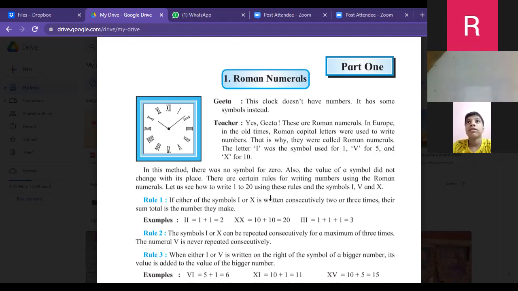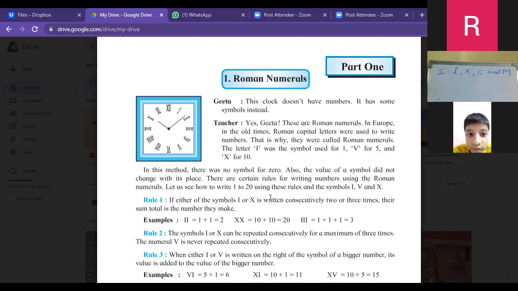Now rule 1, if you will see, one rule is there. I, X, C and M can be repeated only 3 times.